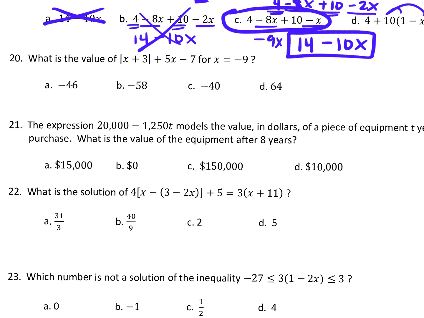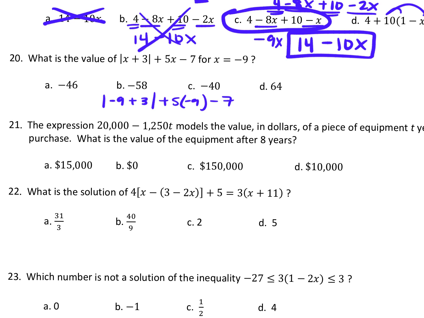All right, number 20. What is the value of absolute value of x plus 3 plus 5x minus 7 if x is negative 9? And this is just a matter of plugging it in. So it's the absolute value of negative 9 plus 3 plus 5 times negative 9 minus 7.